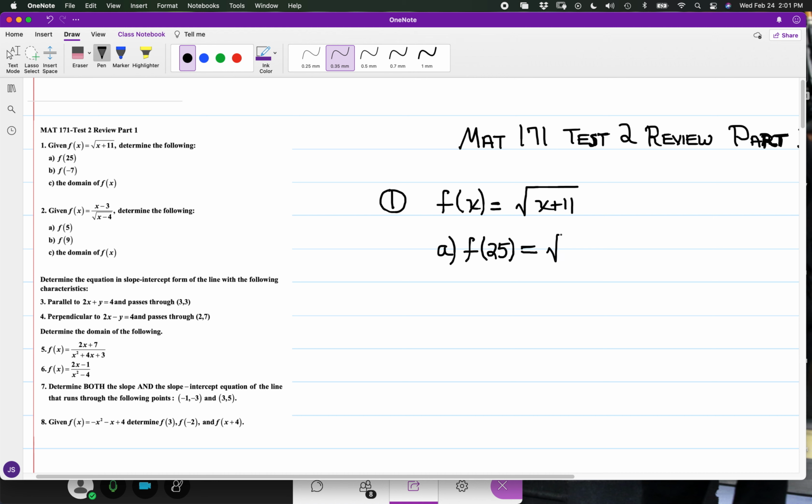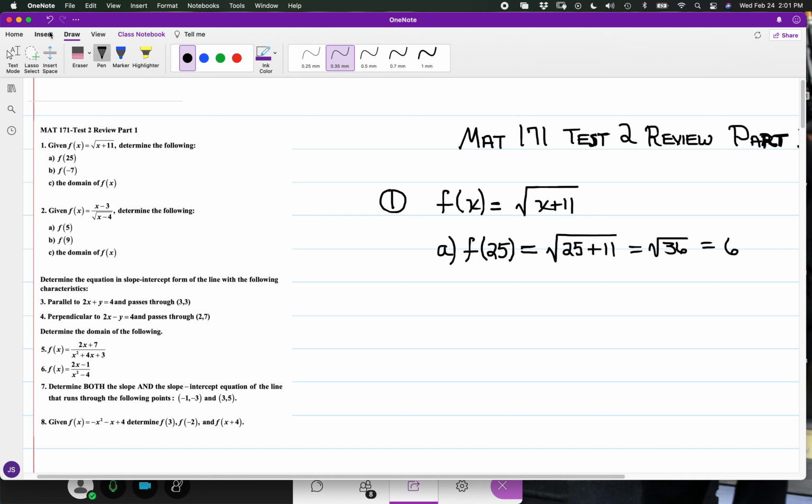With 25 as the input, f of 25 is going to be the square root of 25 plus 11. And 25 plus 11 is 36, which is going to reduce to 6.